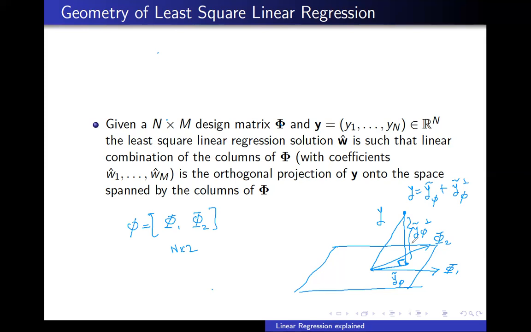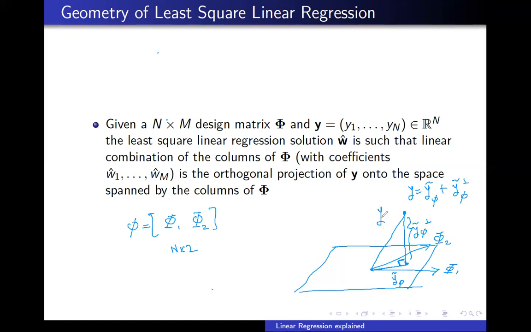Okay, so once you choose a set of columns of your design matrix, the space spanned by those columns describes how good an approximation of y you can have. If the space spanned by these vectors happens to contain the vector y, then you can have a very good representation.